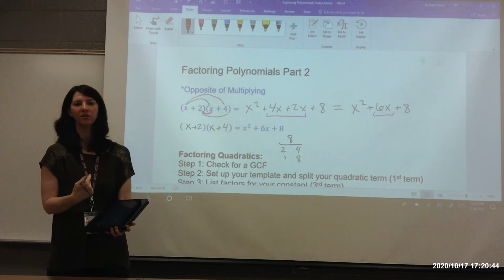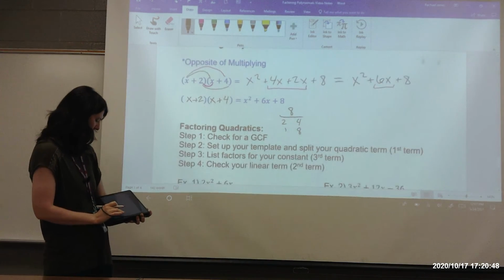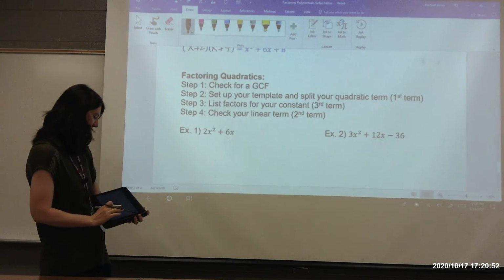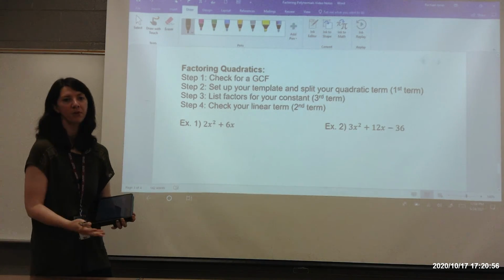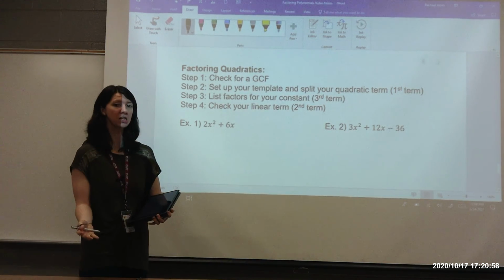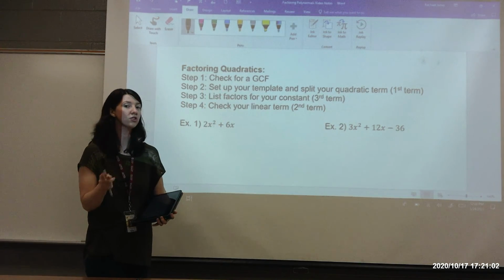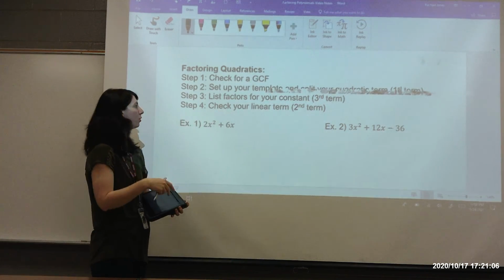So this is the process that we're going to go through. We'll list out steps, and then we'll do some examples. Okay, your first step should always be to look for a GCF. If you can find a GCF and factor it out, you're going to simplify your problem. Sometimes that's all you can do, okay? After you check for GCF, if you still have a quadratic, right, if you still have the x squared, then you're going to move forward, okay?